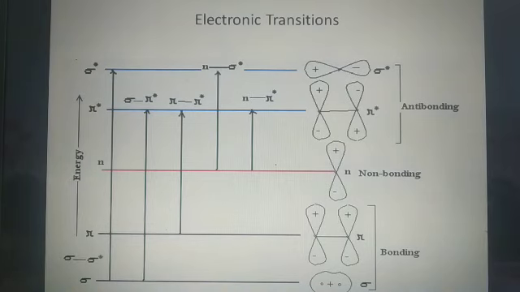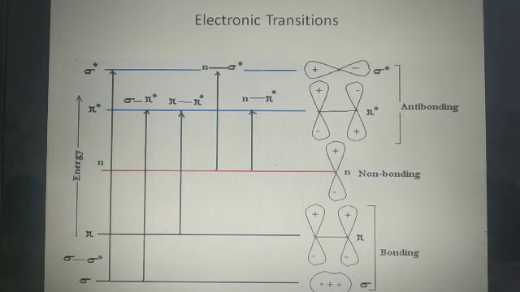Now, where will the compound absorb, where will it not absorb, and how is it absorbing? In a general organic compound we have sigma bonds, pi bonds, and some heteroatoms like nitrogen, oxygen, phosphorus and sulfur.